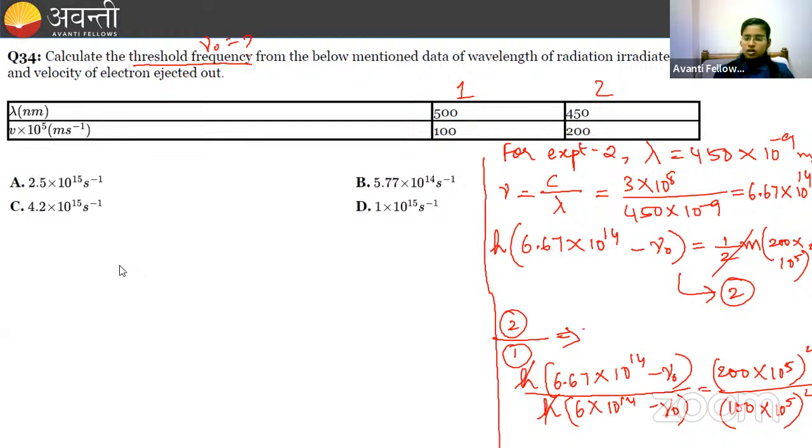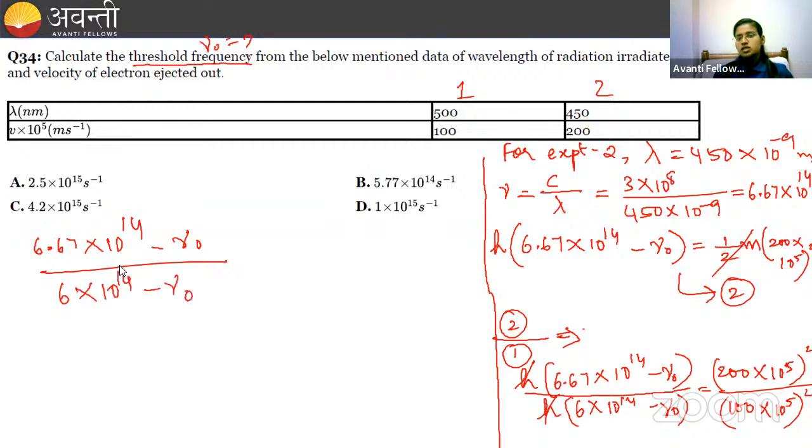Now 200 square divided by 100 square is nothing but 4, right? 400 by 100 is 4. So I will have 6.67 into 10 to the power 14 minus nu naught, the whole divided by 6 into 10 to the power 14 minus nu naught, which will be equal to 4.